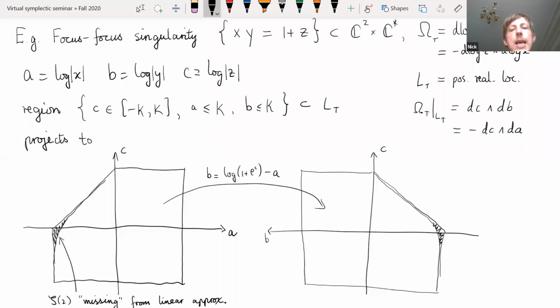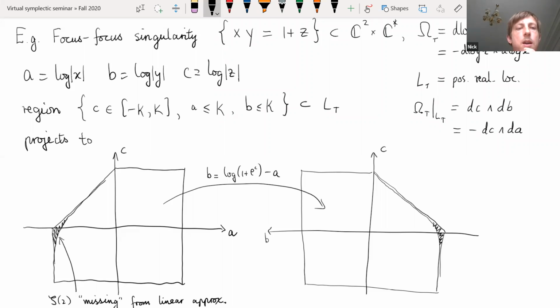If we introduce the parameters A, B, and C, which are log of the modulus of these variables X, Y, and Z, then the restriction of our holomorphic volume form to LT is equal to dC wedge dB, which is equal to minus dC wedge dA.